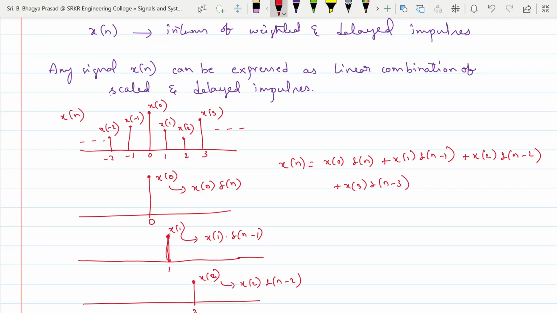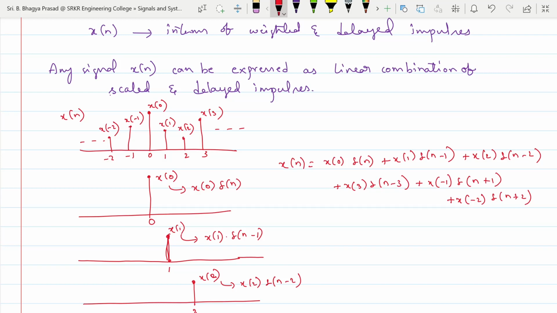And we have x minus 1 and x minus 2 also, so plus x of minus 1 del of n plus 1 plus x of minus 2 del of n plus 2.